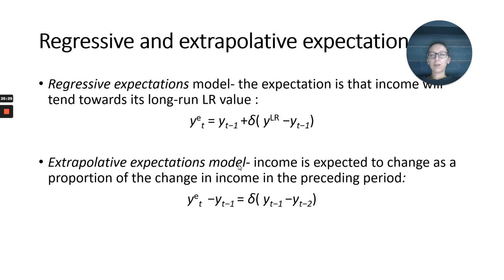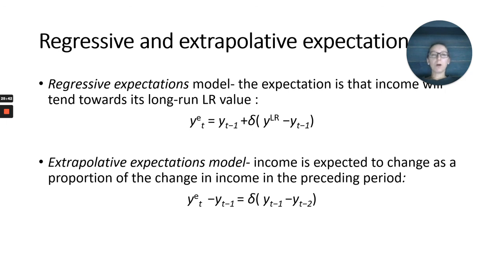And the extrapolative expectations model would assume that income is going to grow at the rate at which it used to grow in the preceding period. So we are always going to have the same increase of income.